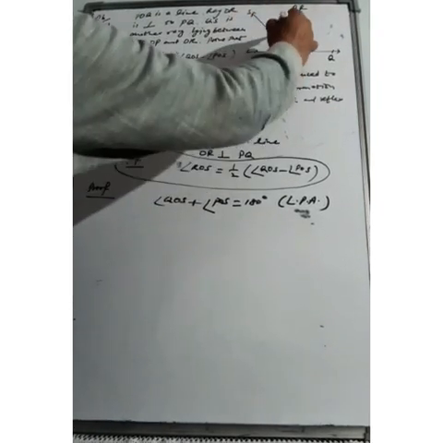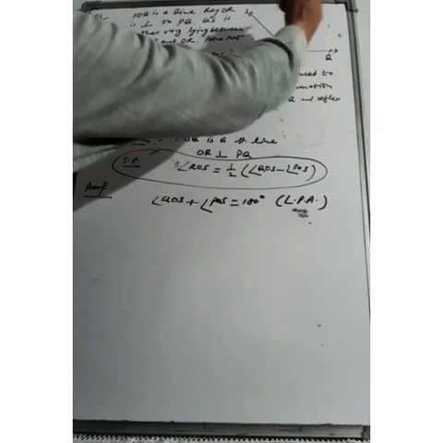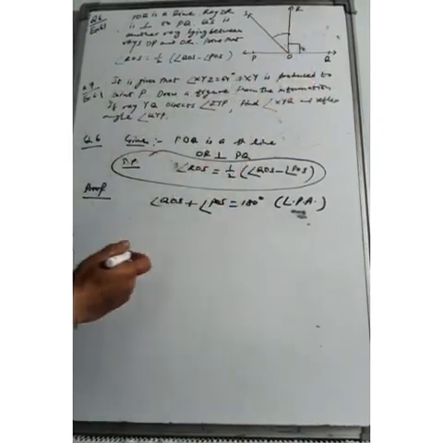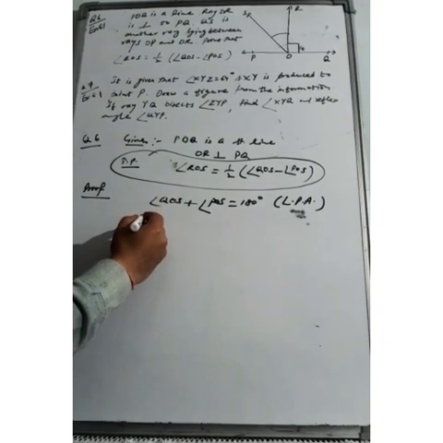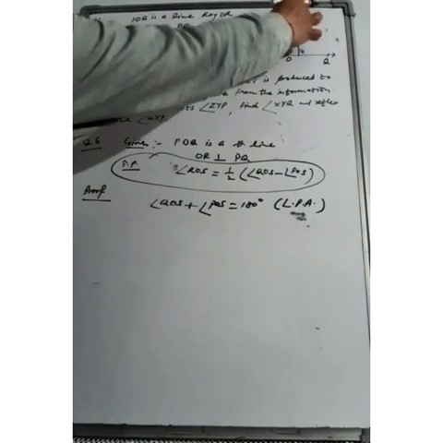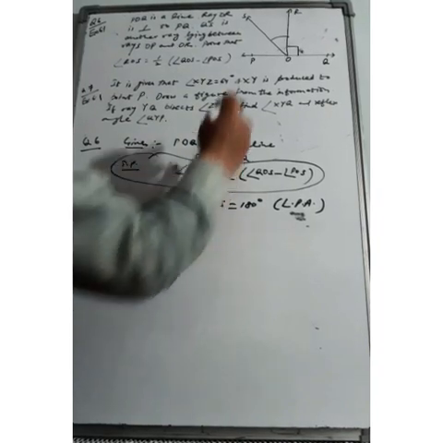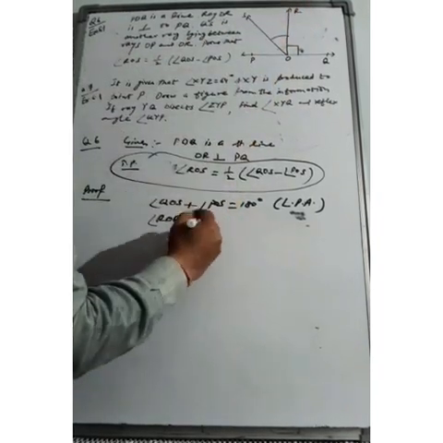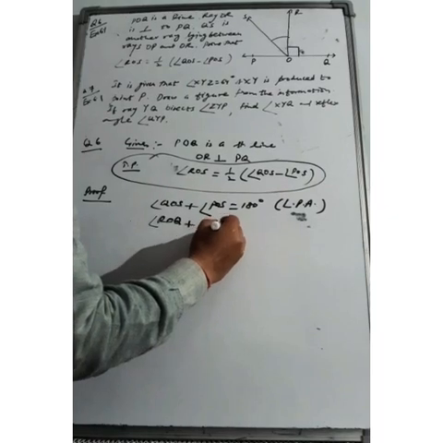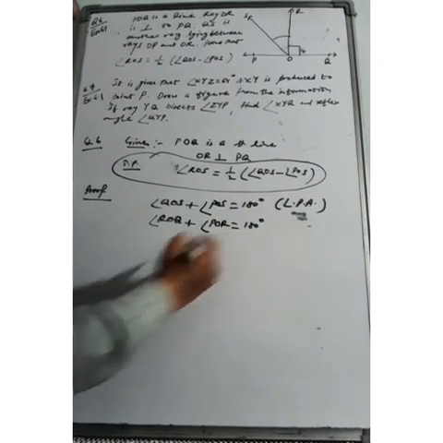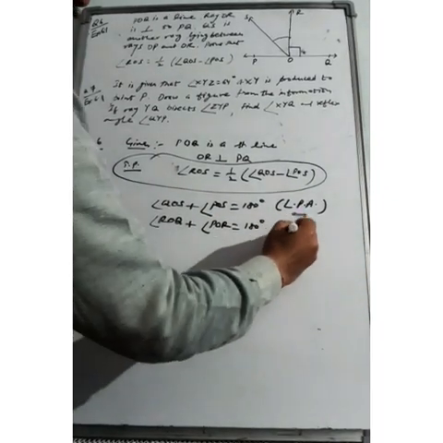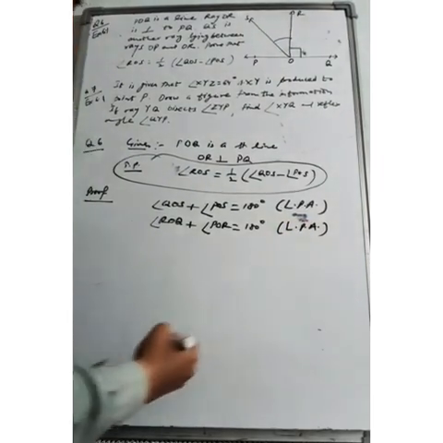ROS is one of the angles lying on the same side of the straight line POQ. So the other relation is angle ROQ plus angle POR is equal to 180 degrees. Again the reason is the linear pair axiom.